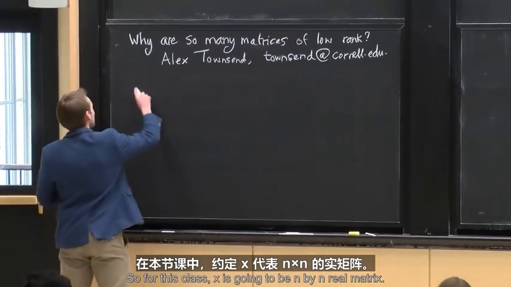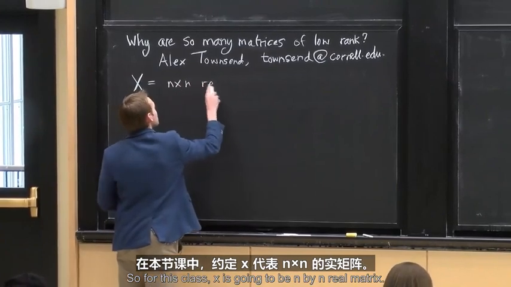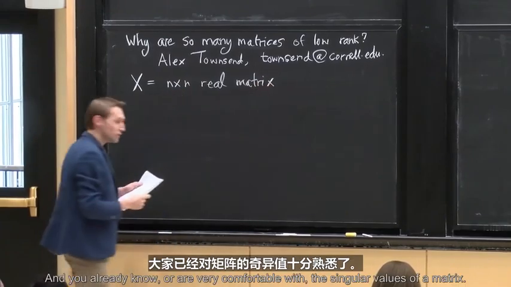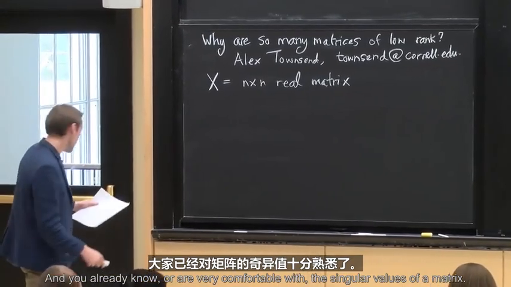So for this class, X is going to be an n by n real matrix. So nice and square. And you already know, or are very comfortable with, the singular values of a matrix.